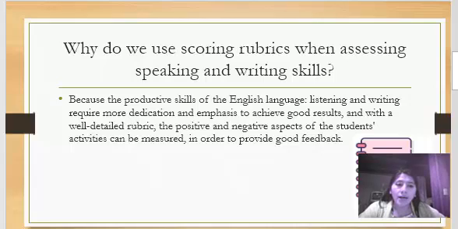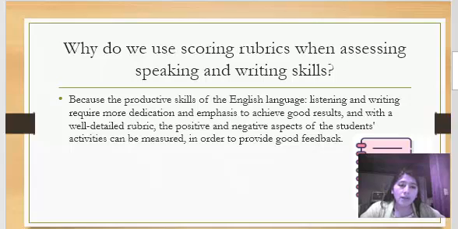And on the other hand, we have the productive skills that are speaking and writing, which require more energy to achieve good results. Then the use of rubrics on these skills is essential because it allows us to assess and qualify aspects of a student's performance.